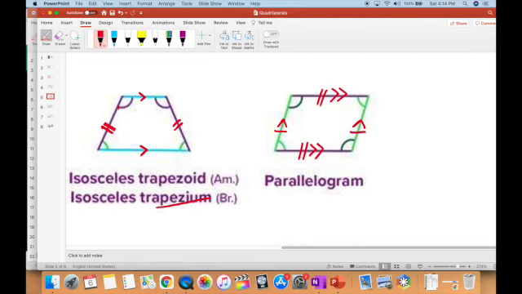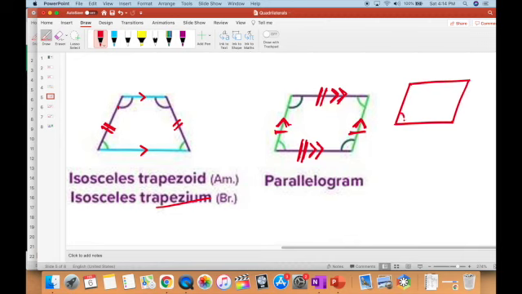So we have here these two sides are equal and they're parallel. And then these green sides here are equal and they're parallel. So because of that, what you would find is, you notice how it's slanting like this, eh?